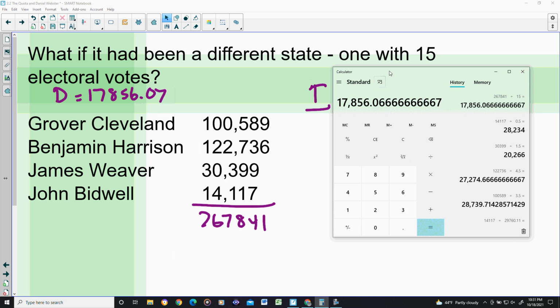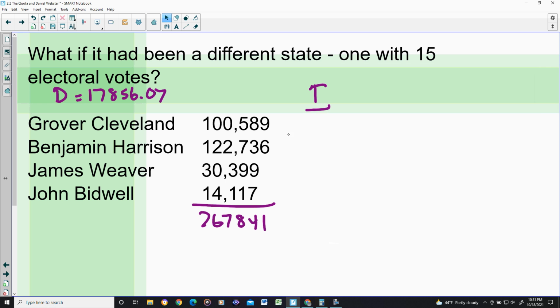Okay, so we're going to do 100,589 divided by the new divisor, 5.6333. And so what's the initial? It's going to go directly to 6. And then we'll do the same for the others.